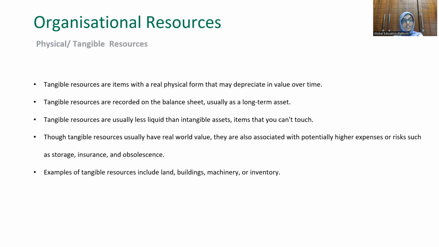So generally a balance sheet is maintained mainly because of the physical assets. So physical resources are recorded on the balance sheet and must balance in a simple equation: assets minus liabilities equals shareholder equity, which governs the balance sheet.